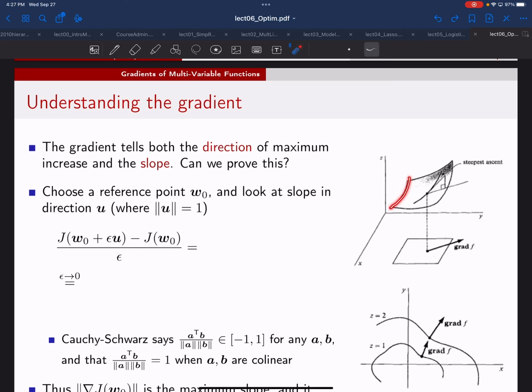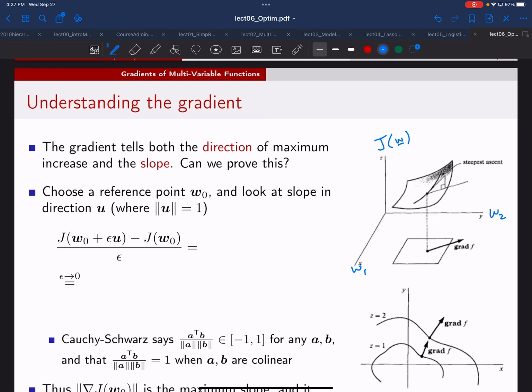Here I have a surface, a little piece of a curved surface in 3 dimensions. These dimensions control where we are, and this dimension is the height of the function, J. We can call this J(w), and we can call these w1 and w2.